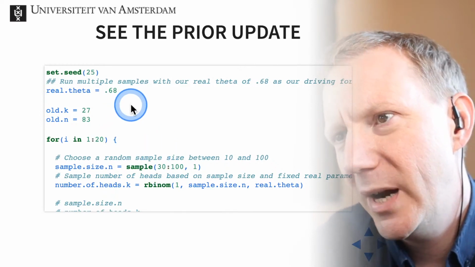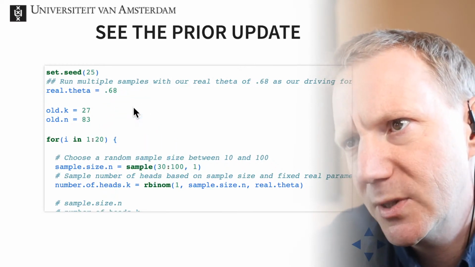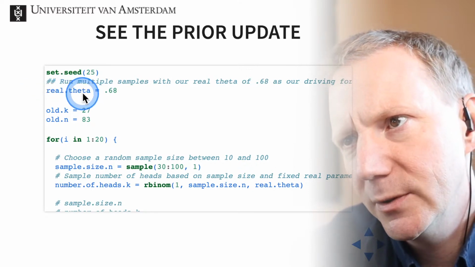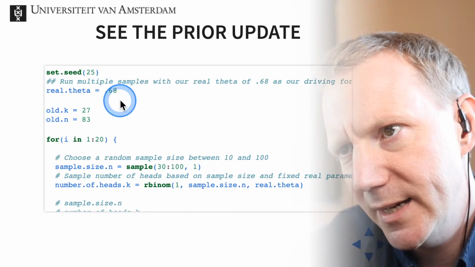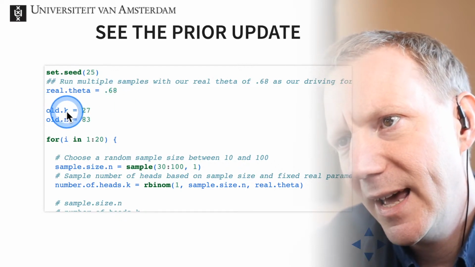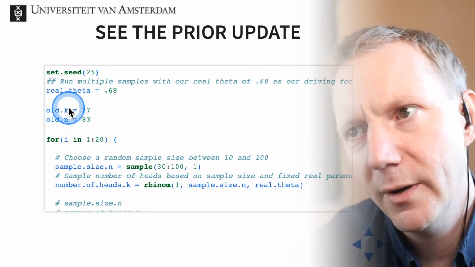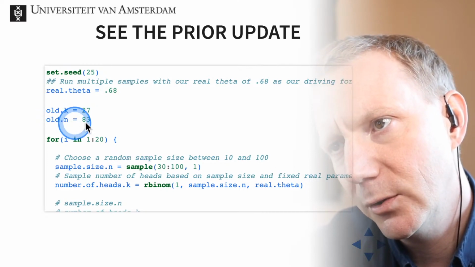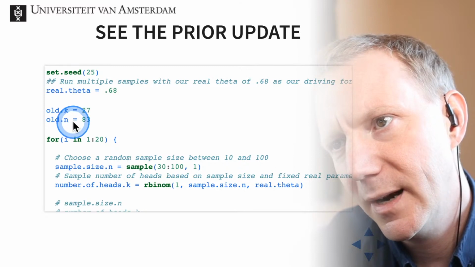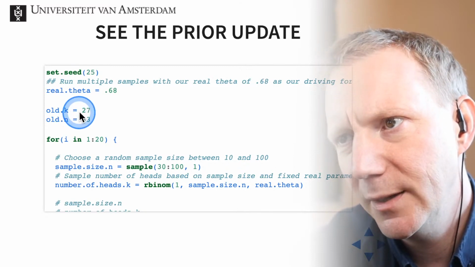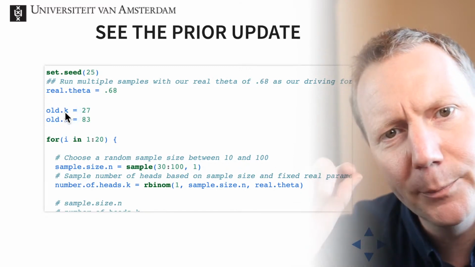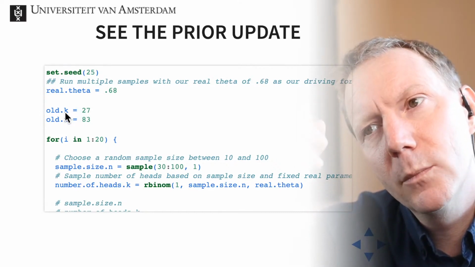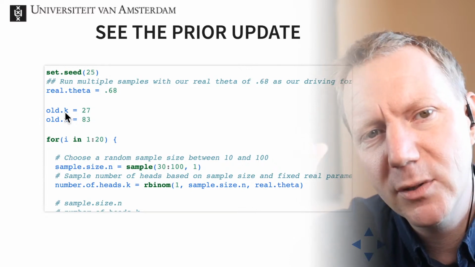So bear with me, but try to see what's happening here. Yes. I state my actual theta to be 0.68. It's a binomial, so I have the number of heads and the total number that I have for n. So this is not really the number of heads, but more like the parameter.